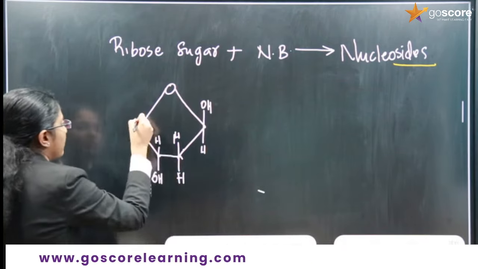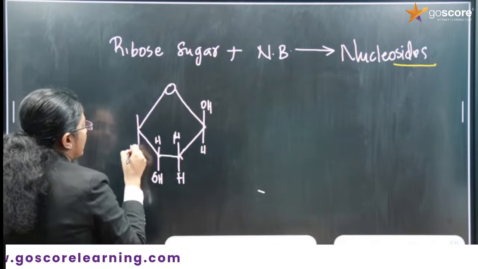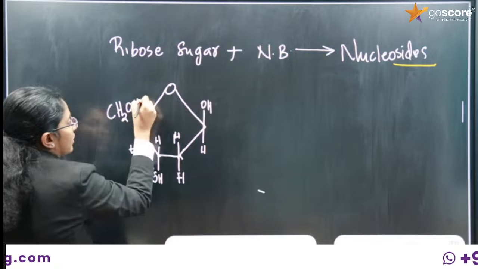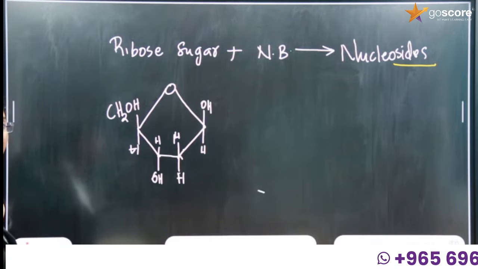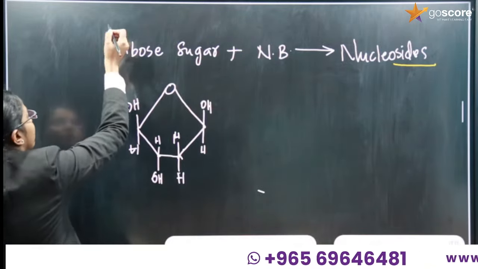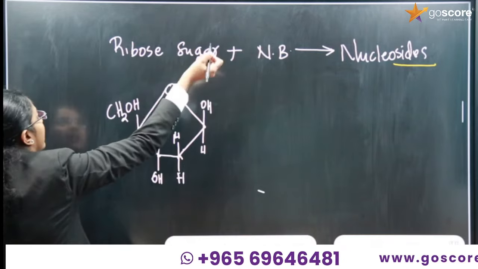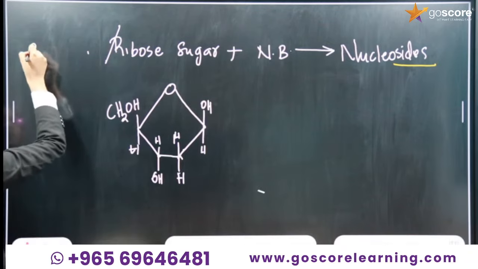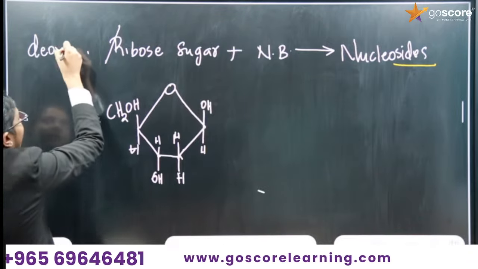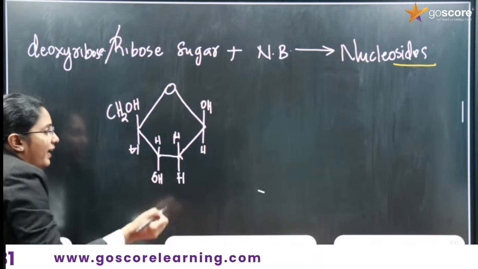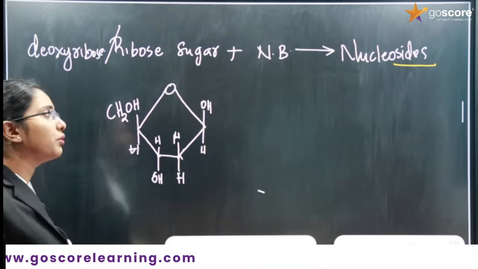At the fourth position, H is present and CH2OH is present. This is the structure of a deoxyribose sugar, not ribose here. In the case of RNA, it will be ribose sugar; in the case of DNA, it will be deoxyribose. So here I have drawn the deoxyribose sugar.